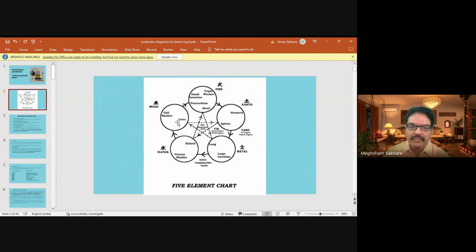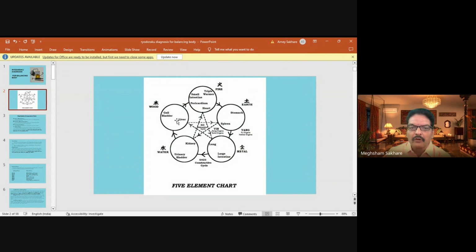There is the first element, you can remember, the wood element. In Ayurveda, it is called Akash Tattva. Wood element generates fire. And in the wood element, there are two acupuncture channels, gallbladder and liver.